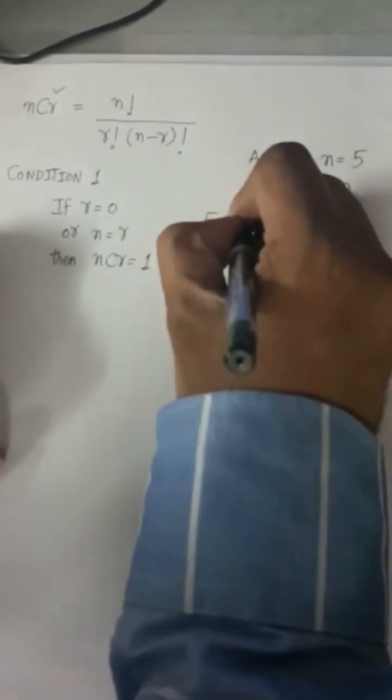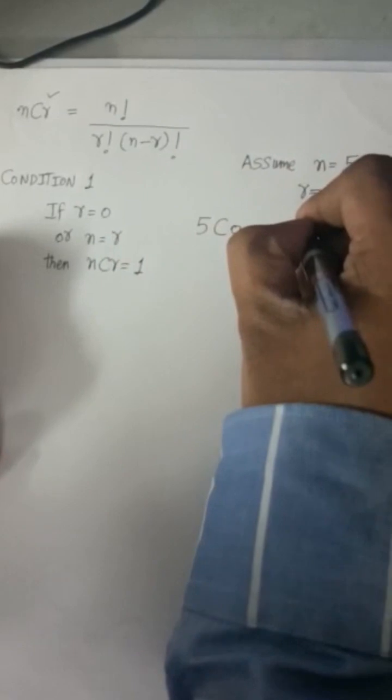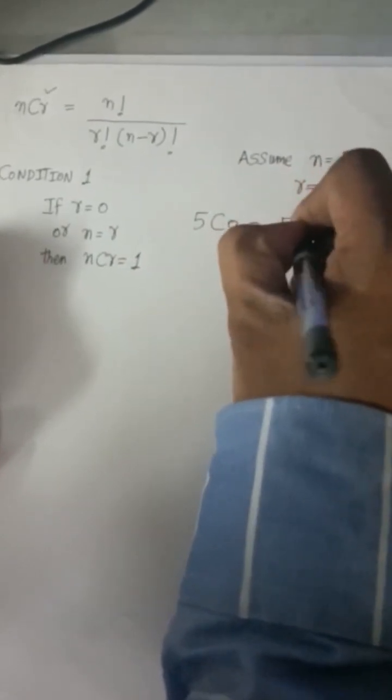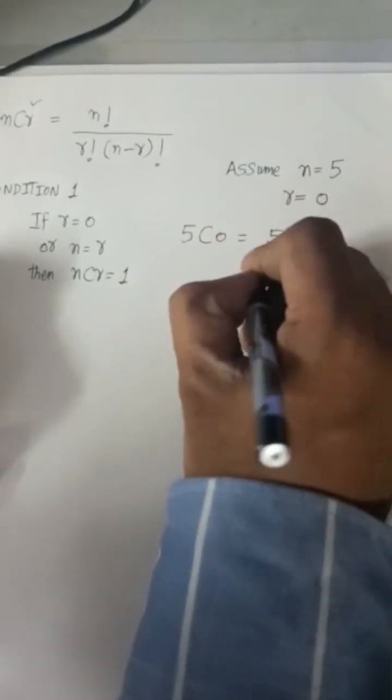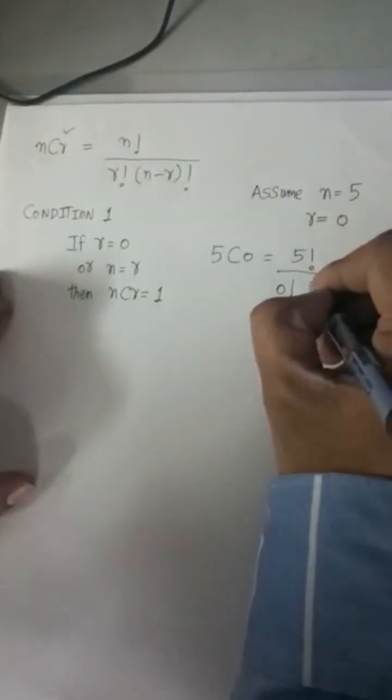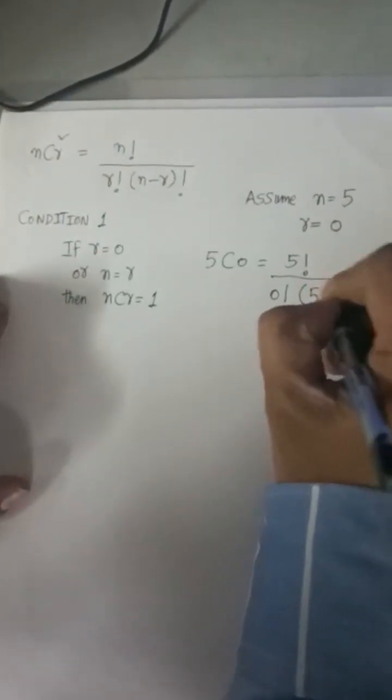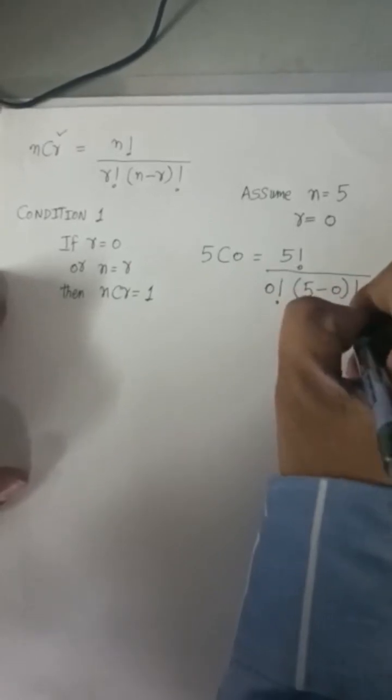So you can see here 5C0 will be equal to: n value is 5 factorial, then r is 0, so it will be 0 factorial, and n minus r, it means 5 minus 0 factorial.